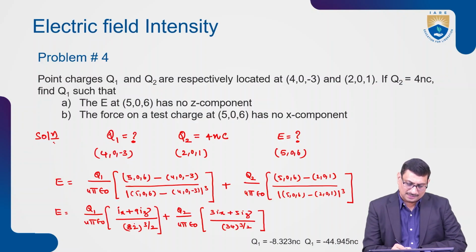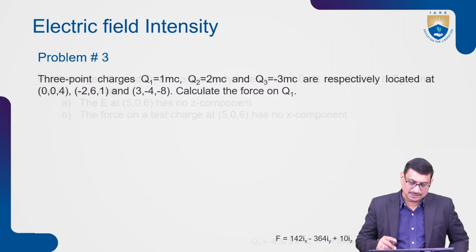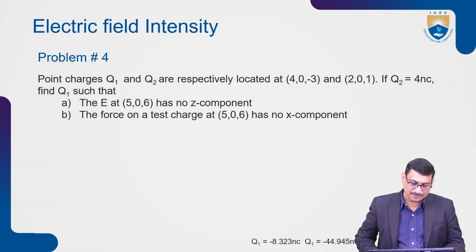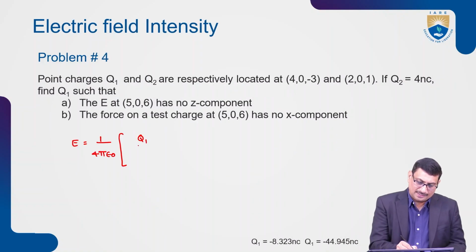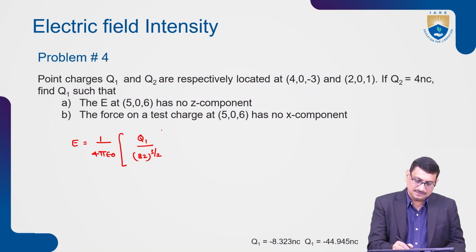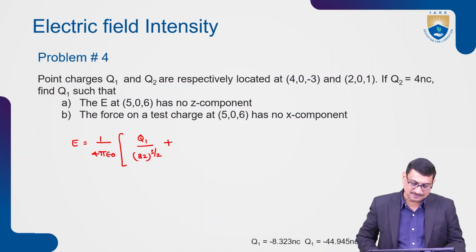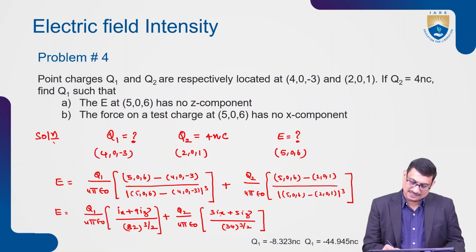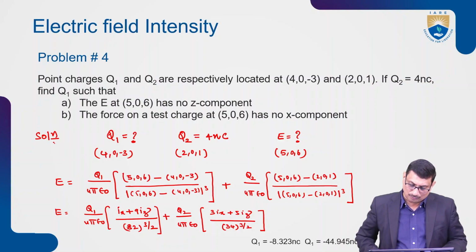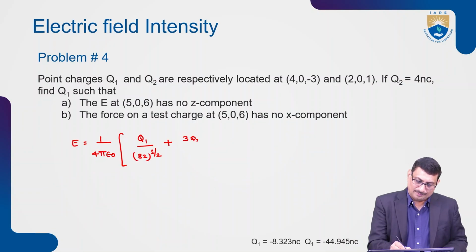Here it is Ix divided by 82 whole power of 3 by 2, that is Q1 divided by 82 whole power of 3 by 2 into Ix, plus, in the second case, the Ix component is 3Q2 divided by 4 pi epsilon naught into 34 whole power of 3 by 2, 3Q2 divided by 34 whole power of 3 by 2 into Ix.